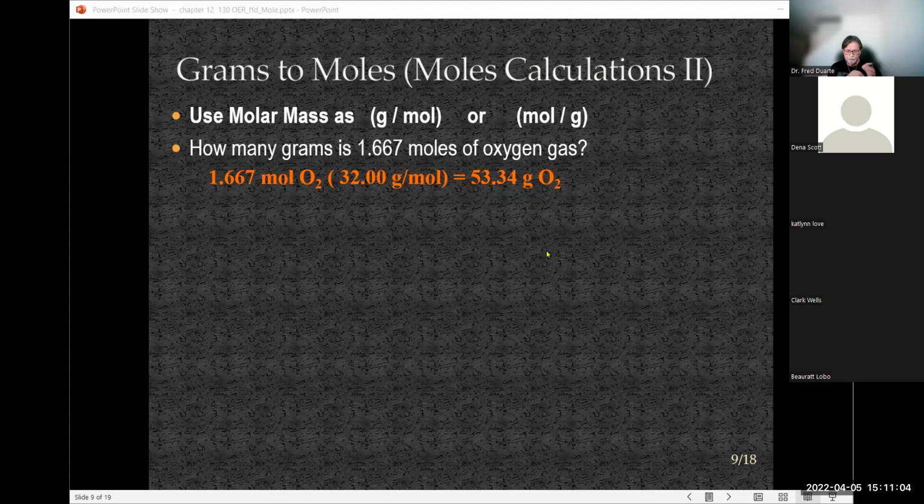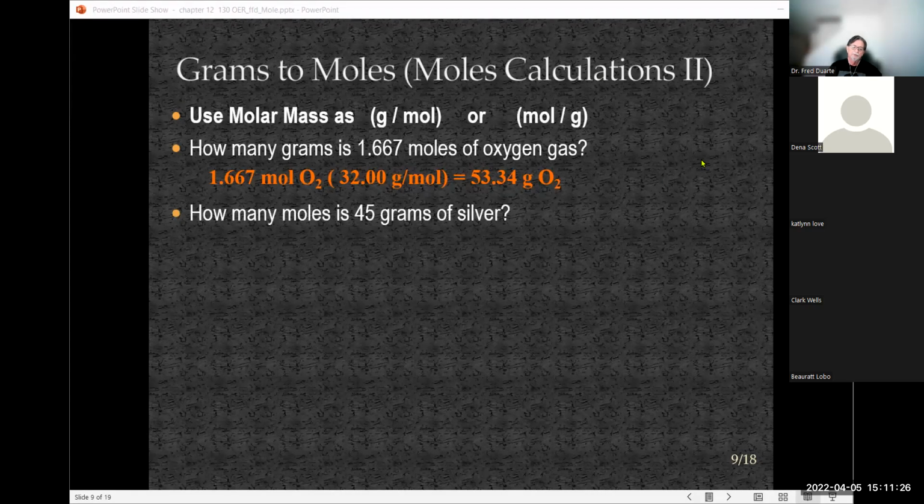So when we look at 1.667 moles, that is a measurement, okay, because you went from grams at one point. Well, it is a measurement, I should say, and therefore it will have 4 sig figs, so our answer should have 4 sig figs.